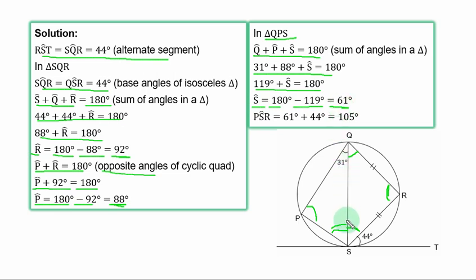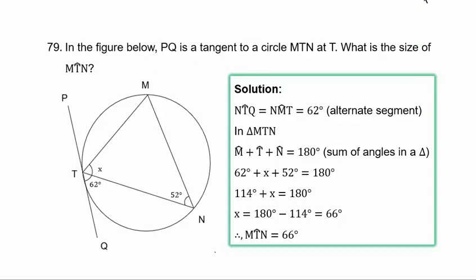So this angle is known, this angle is known. Therefore, angle PSR is equal to 61 degrees plus 44 degrees, and that is 105 degrees. Example 79. In the figure below, PQ is a tangent to a circle MTN at T.